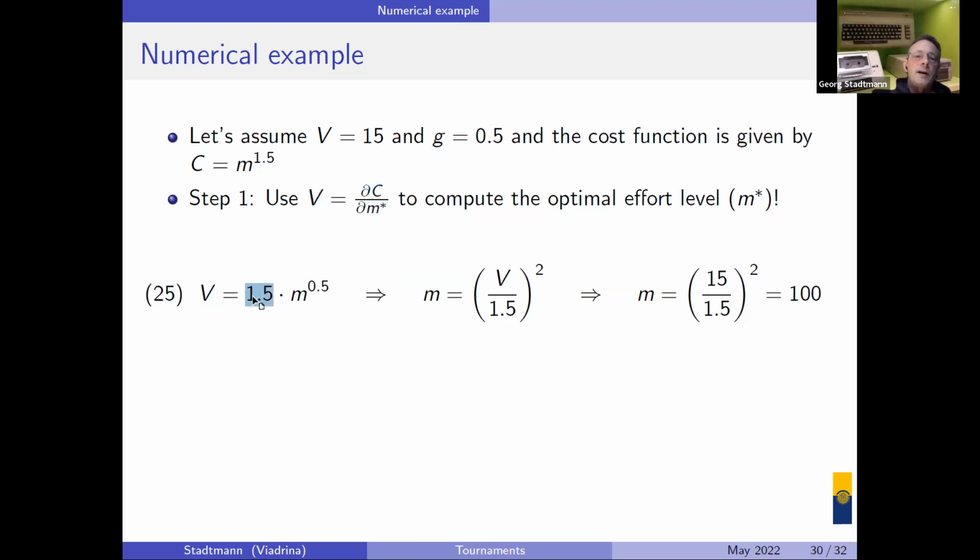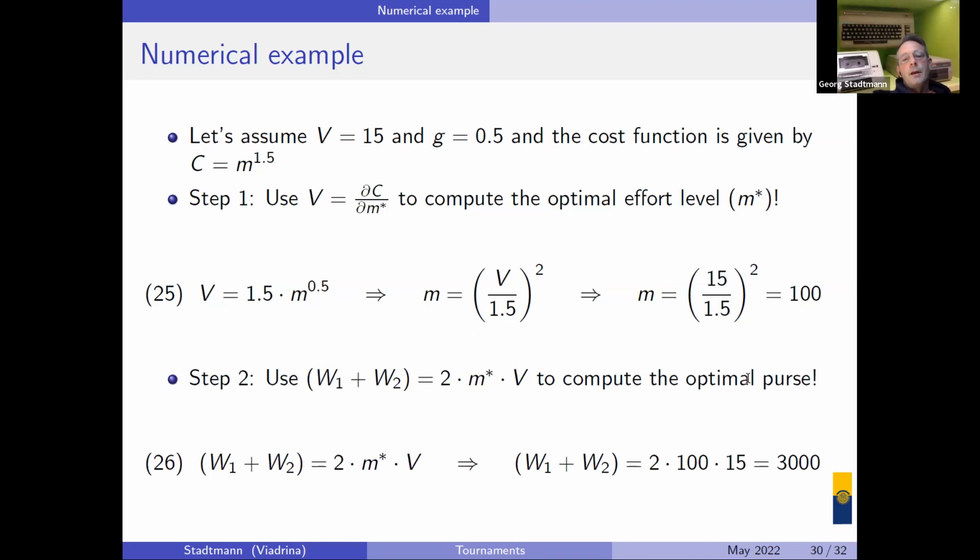We put the 1.5 on the other hand side of the equation, it pops up in the denominator, and afterwards we square the whole thing so that m is isolated on one hand side of the equation. We get that m is equal to V over 1.5 squared. When we plug in V, we get that m is equal to 100. So the optimal effort level is equal to 100.